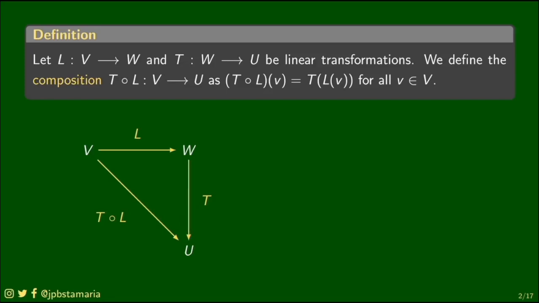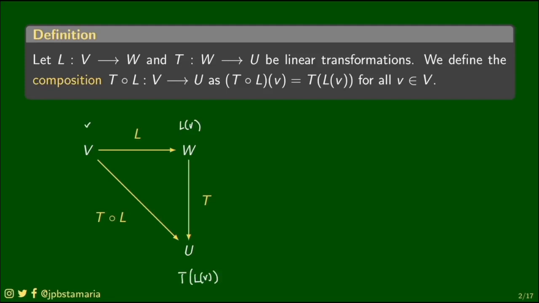If you have a vector v, the image of it under L will fall inside the set, or the space, W. Now, L of v being in the domain of the function T, this T will take L of v as an input and give you an output of the form T of L of v.